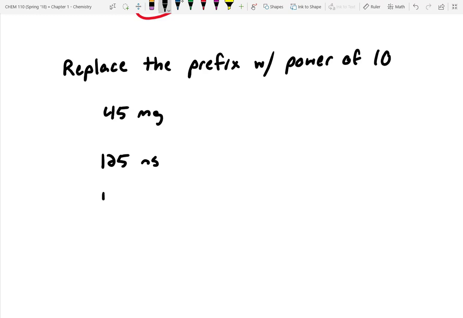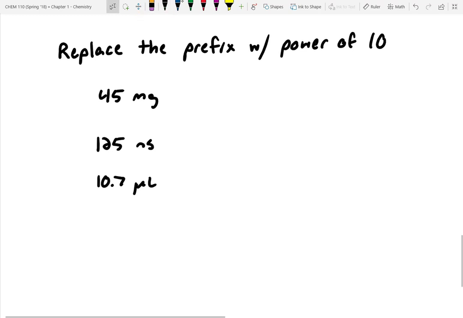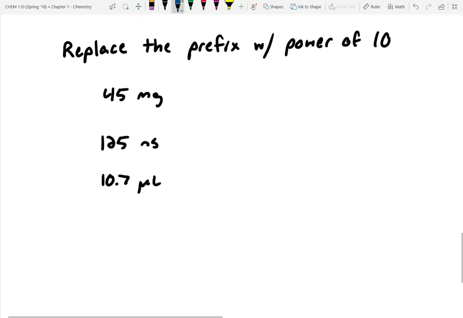And then next one, I've got 10.7 microliters. We want to get rid of the prefix and go back in the opposite direction.